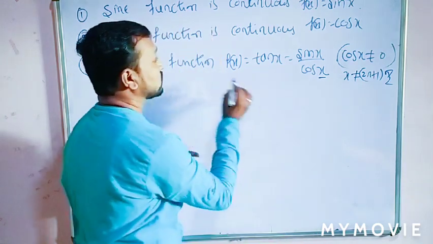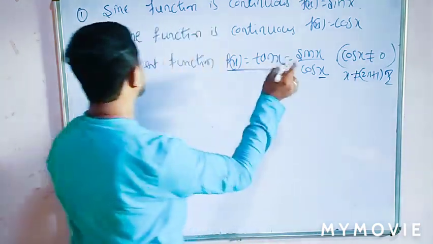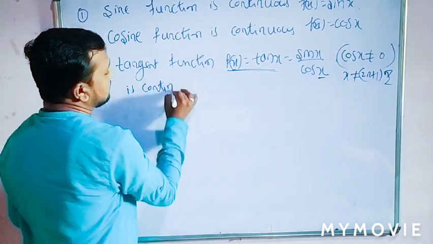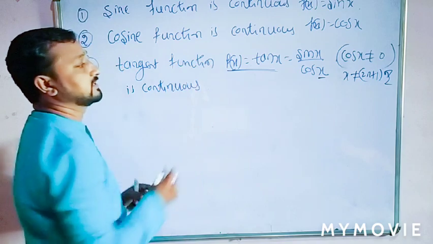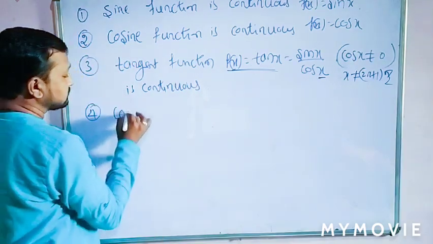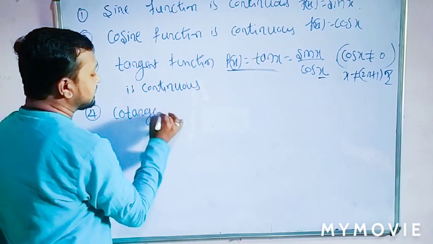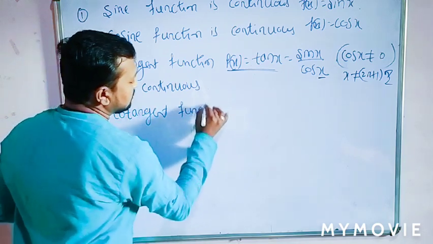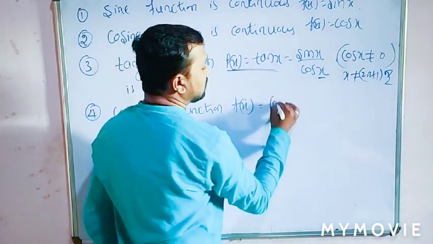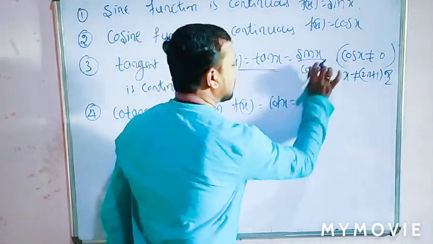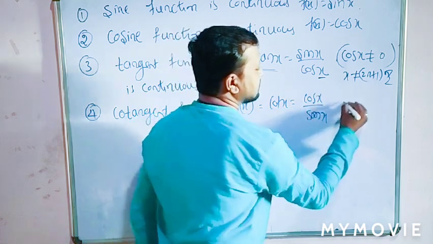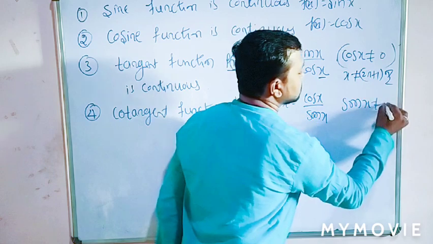So in this case only, the tangent function is continuous. Is that clear? And same as the fourth one, the cotangent function. That is f of x is equal to cot x, that is cos x divided by sin x, if sin x is not equal to 0.